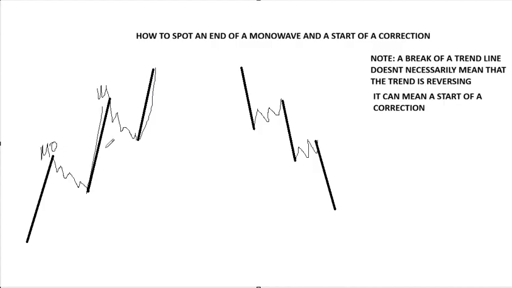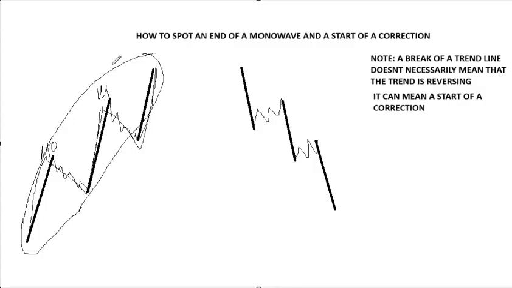And we've talked that an impulse can be subdivided into sequences of 1, 2, 3, 4, 5. And this can be classified as our one mono wave.